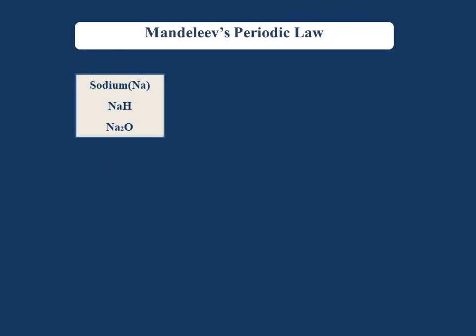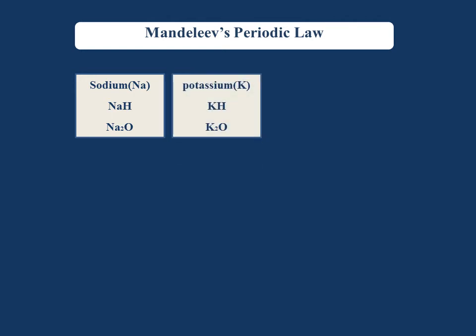If we take sodium as an example, sodium reacts with hydrogen and forms sodium hydride. The formula of sodium hydride is NaH. And sodium reacts with oxygen and forms Na2O. Similarly, potassium reacts with hydrogen and forms potassium hydride with a similar formula, and potassium reacts with oxygen and forms potassium oxide.